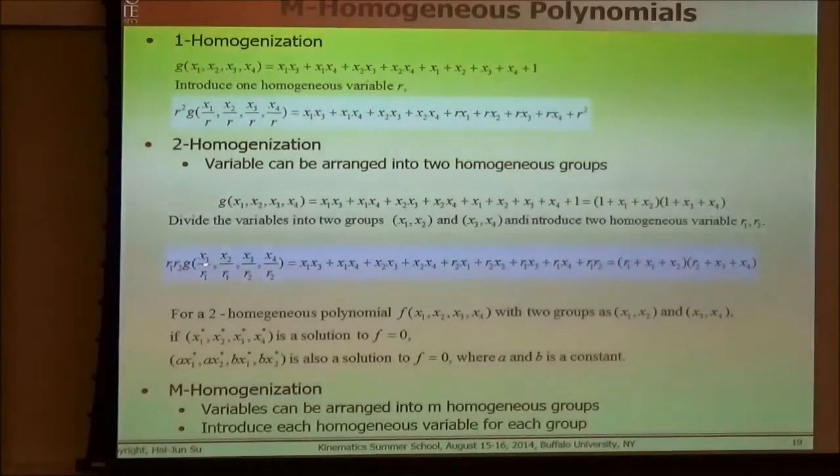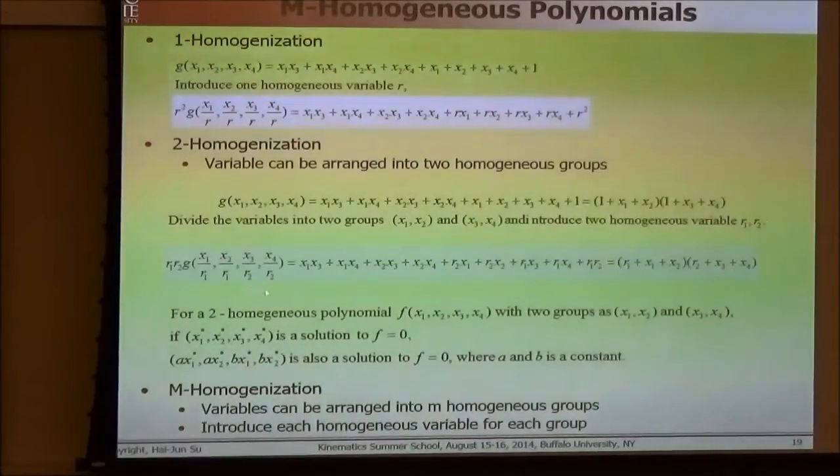For instance, this is a 2-homogeneous homogenization: you introduce two homogeneous variables, R1 and R2. For two groups, x1, x2 is one group and x3, x4 is another group, and then you introduce a parameter for each group. You can define these as different variables, but you don't necessarily have to. But this is how you homogenize.